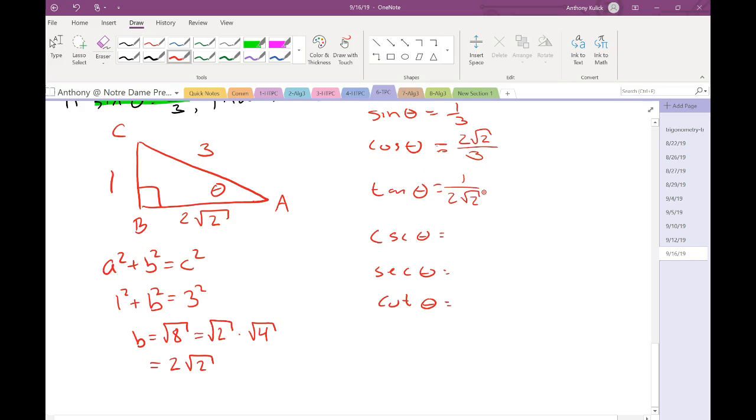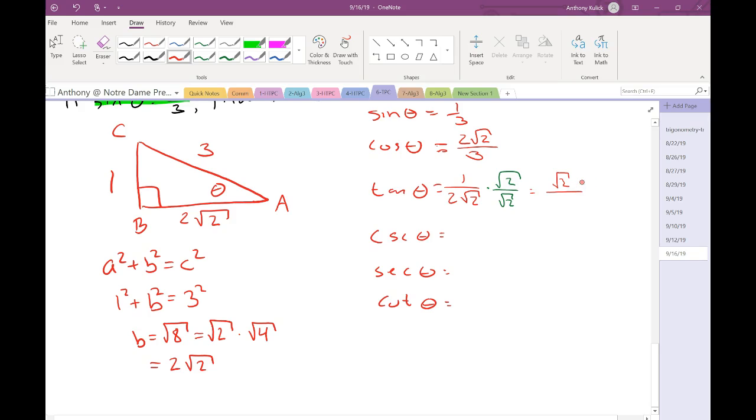One over 2 square root 2. Now, do I like the way that's written? No. What should I do to that problem in order to get it into a form that we like? Multiply the top and bottom by the square root of 2. So 1 times the square root of 2 is just the square root of 2.